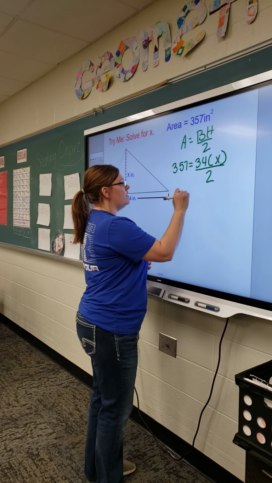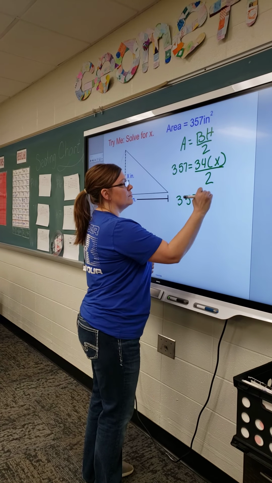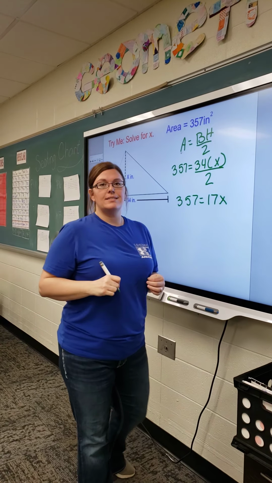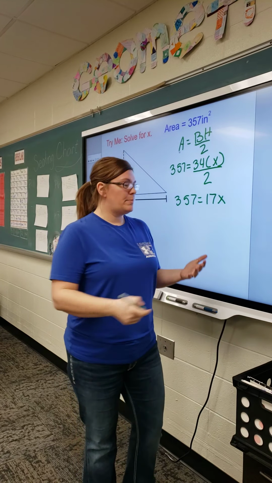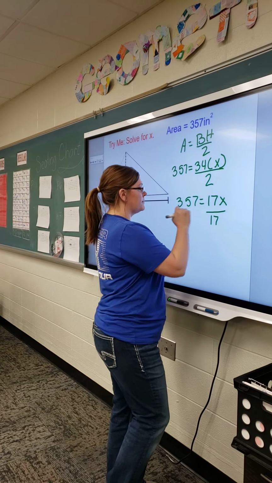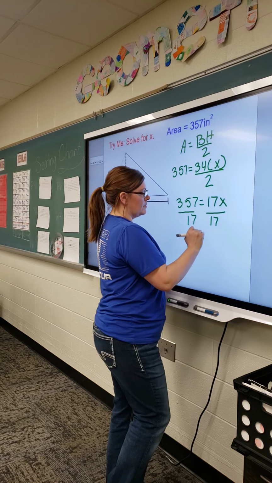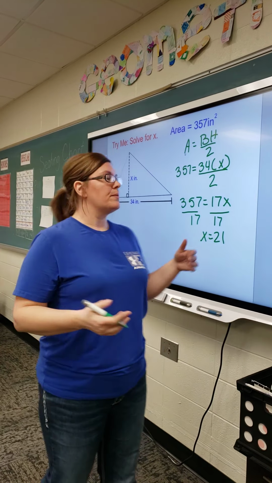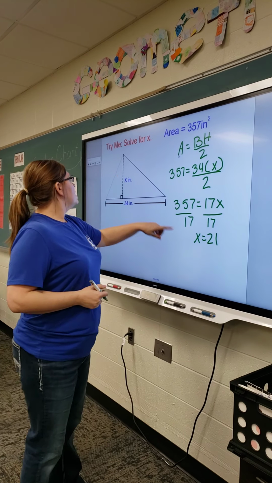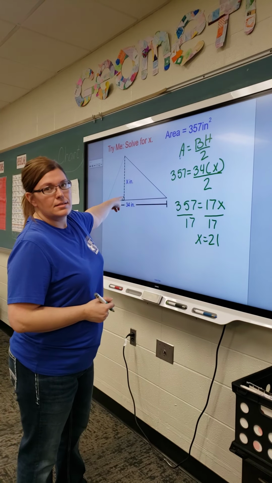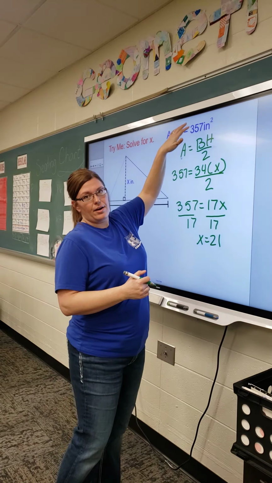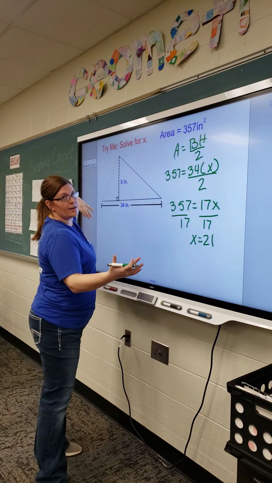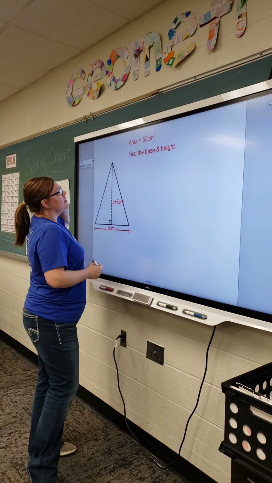And you get 357 equals 17x. Divide both sides by 17. Guess what? x still equals 21. Same answer. So we found our height. We already knew our base by being given the area.